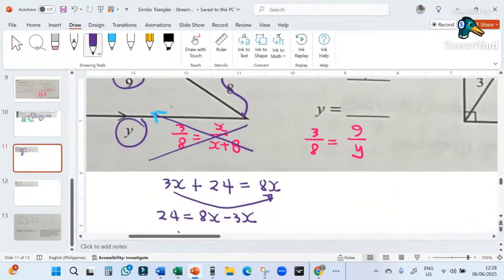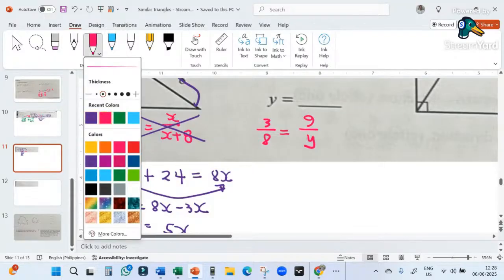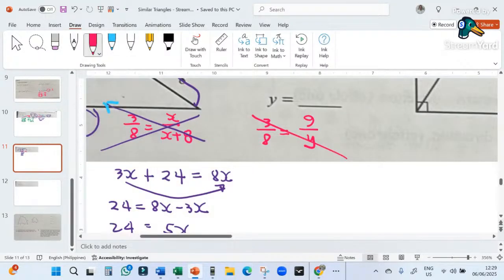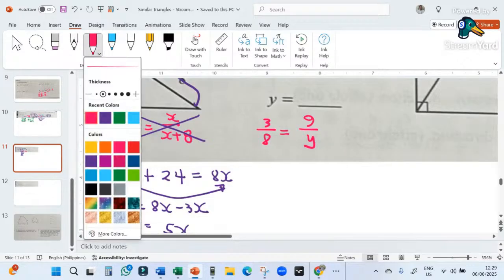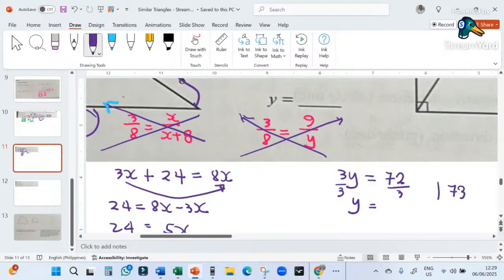Right. And for y, again, it will be a cross multiplication. 3 times y, that will be 3y. Okay, that is 3y equal to 8 times 9 is 72. So y, divide by 3, divide by 3, that will be 72 divided by 3.